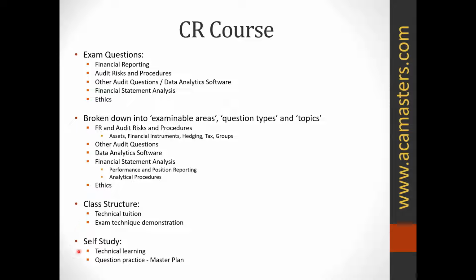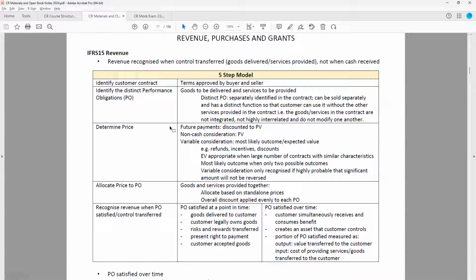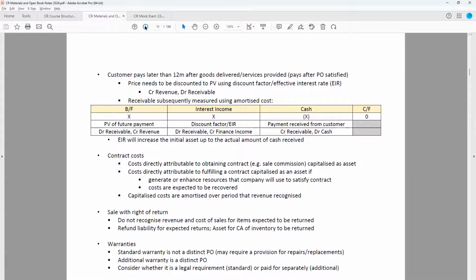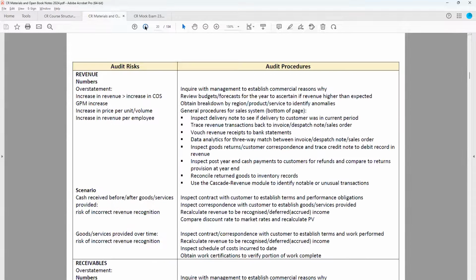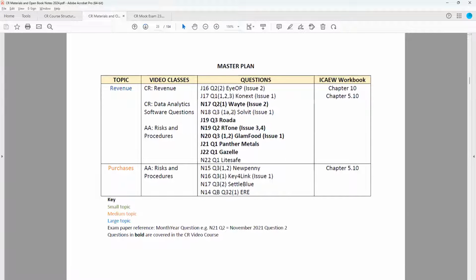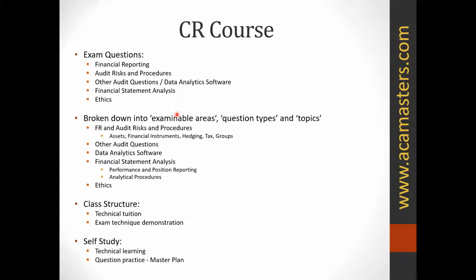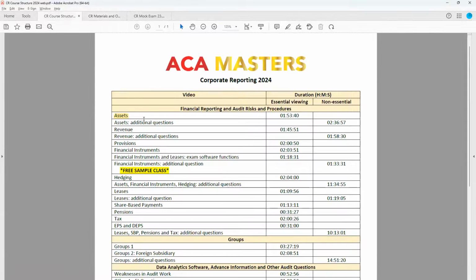You can then go away and practice the other questions and make sure that you've understood this key technical content. So again, I'll work through several questions. You can then go and practice the other questions. And you can see we're just breaking CR down topic by topic, covering both FR and audit risks and procedures.